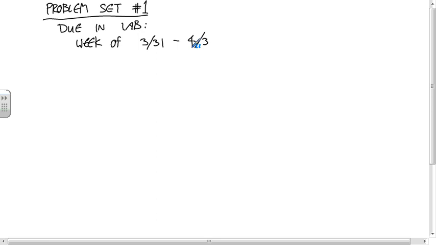And so remember, the way we're going to do problem sets is, do it the way you normally would. But instead of turning the paper in, you're going to bring the paper to lab and explain to me how you did it so I can ask questions and make sure you understand what you're doing.